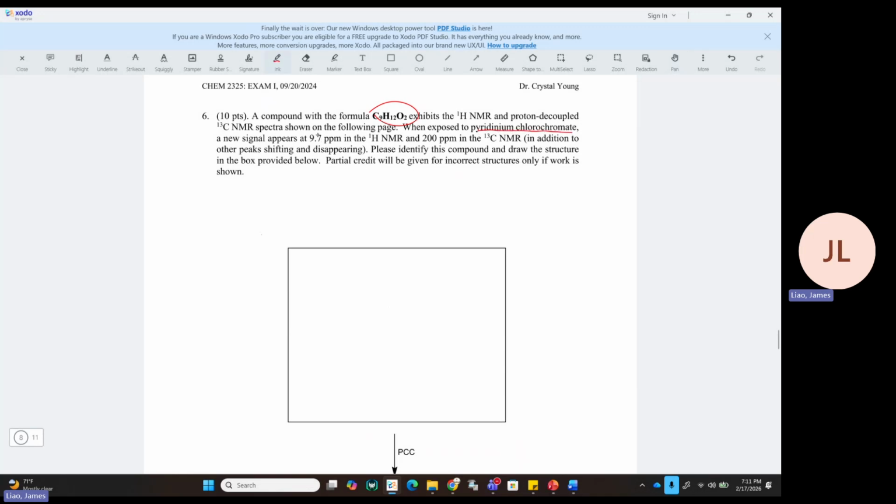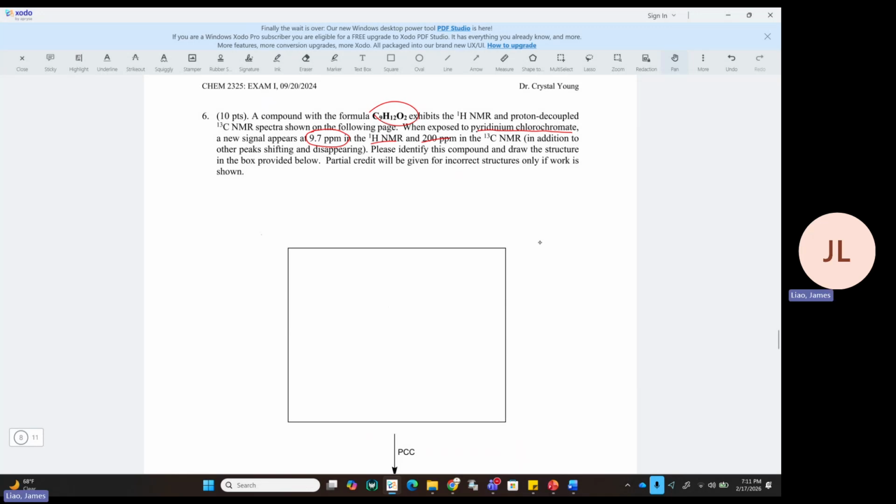That means we're going to have a new signal appearing at 9.7 ppm in the proton NMR and at 200 ppm on the carbon-13 NMR, and we have to identify this compound. So when C9H12O2 reacts with PCC and we detect it again through NMR, we have an additional peak around 9.7. I'll use that information later because that indicates something.